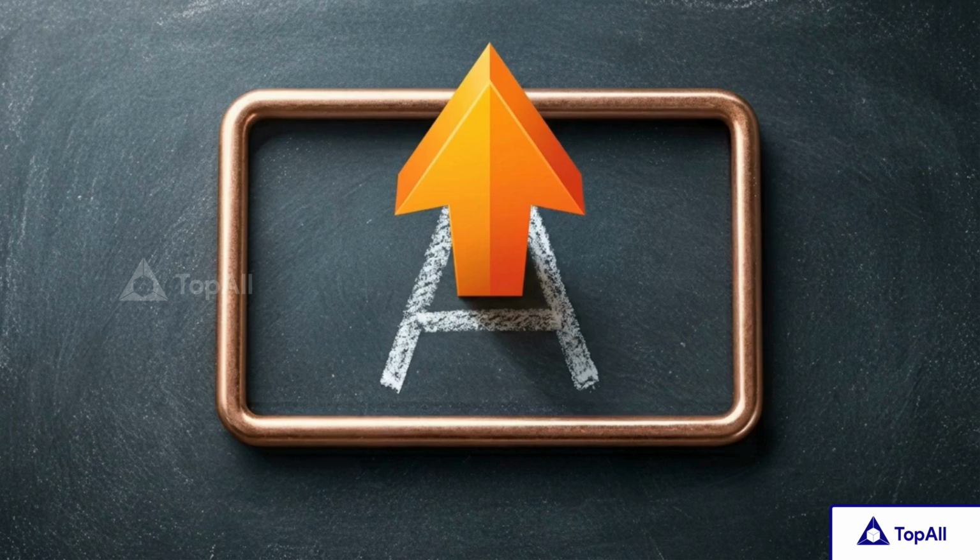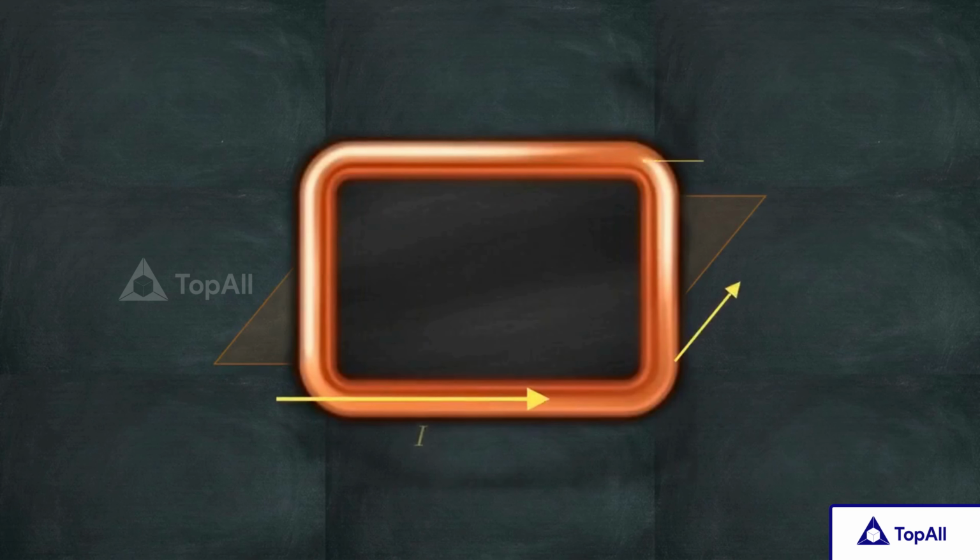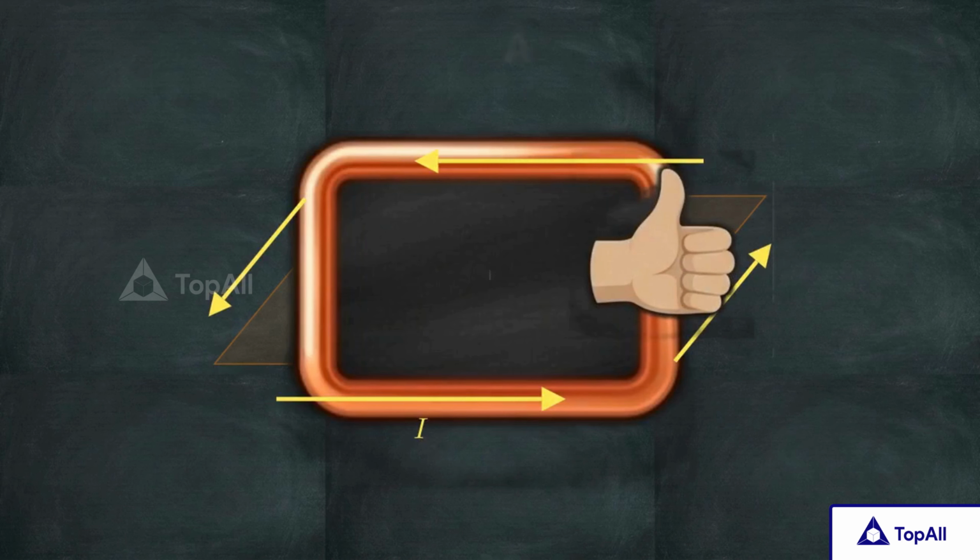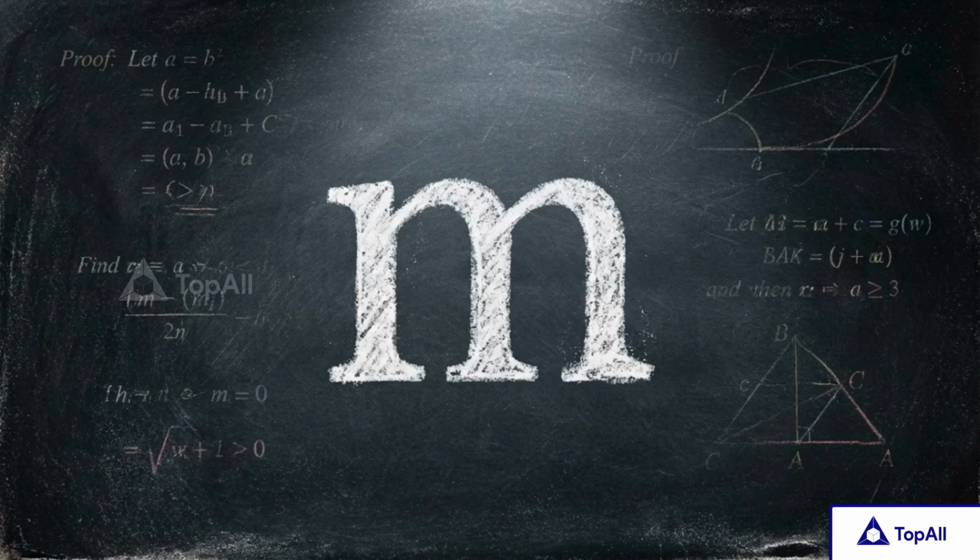To calculate exactly how hard this loop will twist, physicists use an area vector, denoted by a capital A. You find its direction using the right-hand thumb rule. Curl the fingers of your right hand in the direction the current flows, and your thumb points perfectly straight along the area vector. This brings us to the magnetic moment, represented by a lowercase m.